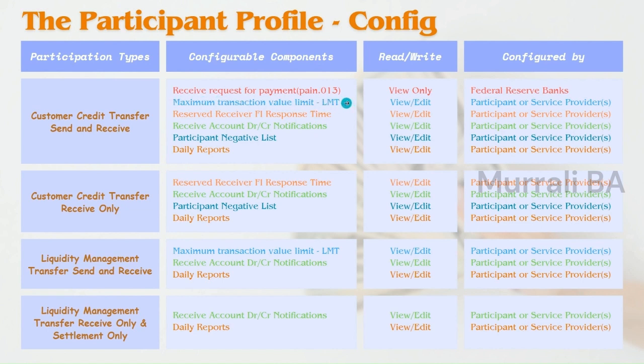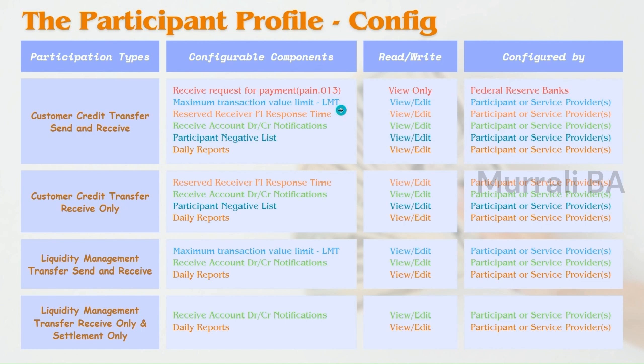So whatever the limit is set here, whenever you do this transaction and the amount exceeds this limit, it will be rejected automatically. If it is well within the limit set here, then it will be processed. So it can be viewed and edited. Initially it will be configured by the service providers. Later the participants can also do it, but eventually it has to be communicated to the FedNow service also.